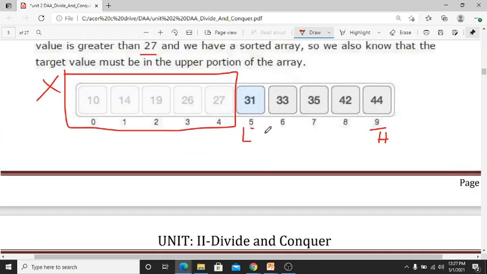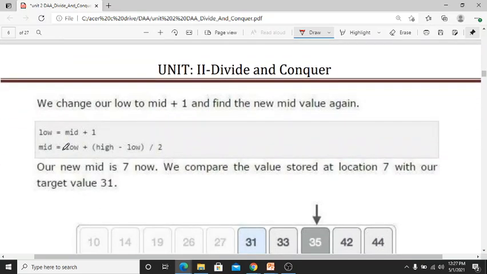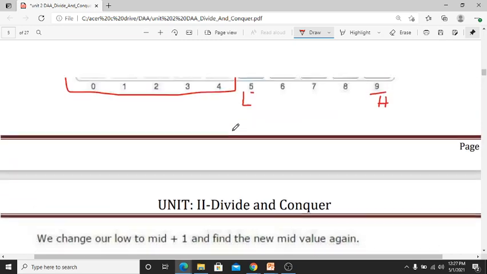How is it changing from 0 to 5? How is it changing with the help of this formula? Low is equal to, whenever it moves to the right side, low is equal to mid plus 1. So what is our mid?